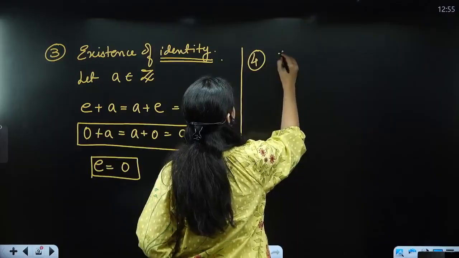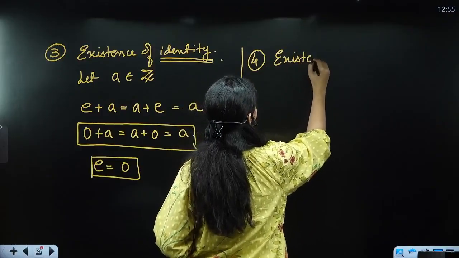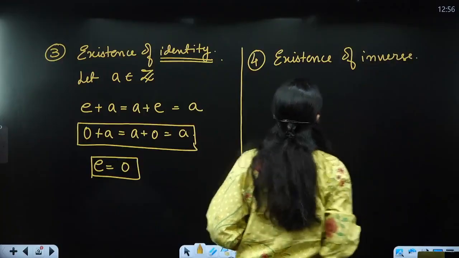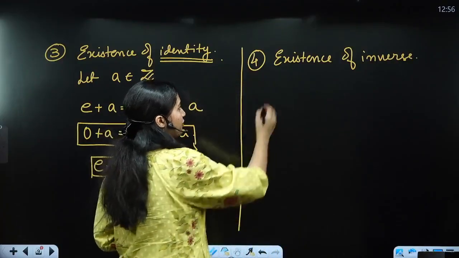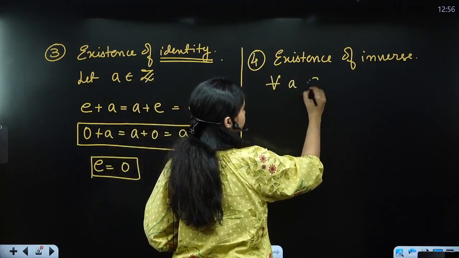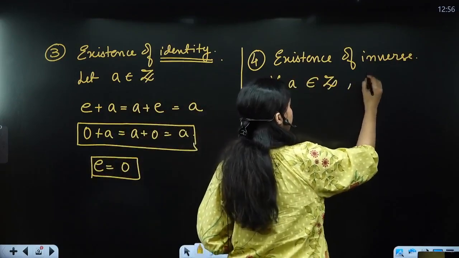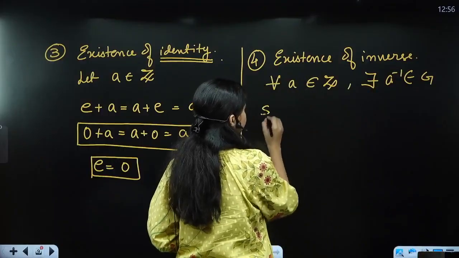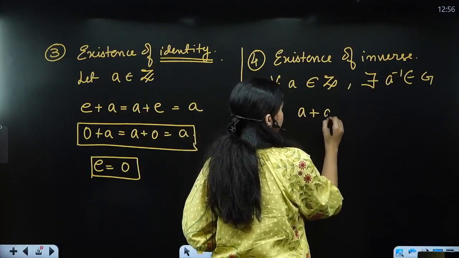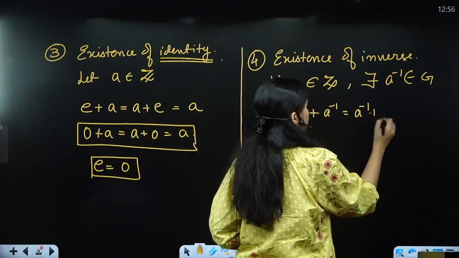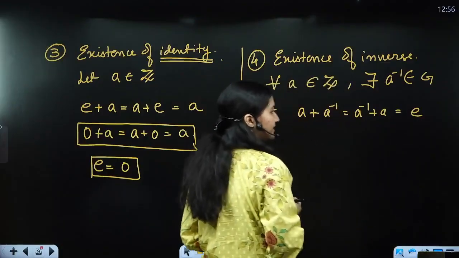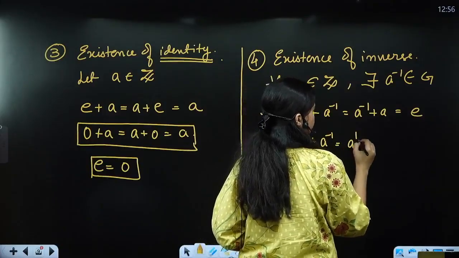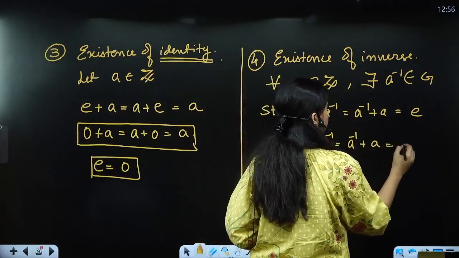And then you have existence of inverse. What is the definition of inverse? That for all a belongs to Z, there must exist a inverse belongs to G, such that a plus a inverse equals a inverse plus a equals the identity element, that is 0.